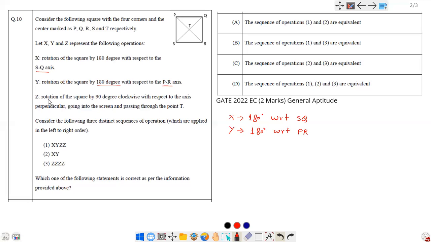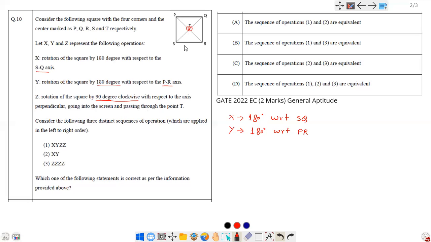Then the operation Z represents the rotation of the square by 90 degrees clockwise with respect to the axis perpendicular, going into the screen and passing through the point T. That means Z performs rotation of the square by 90 degrees clockwise with respect to the perpendicular axis going into the screen and passing through the point T. This axis is going into the screen.